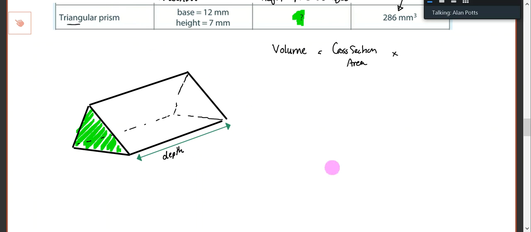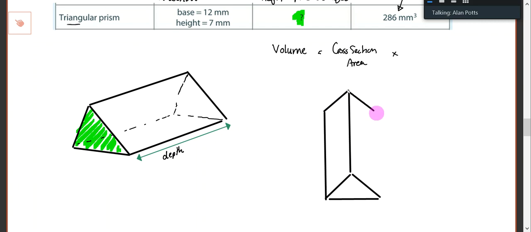But to draw it slightly differently, this might be a bit trickier, if I draw this in this way, hopefully you can still see it. If I stand it up like that, then this would be the base and the depth would now be going straight up.